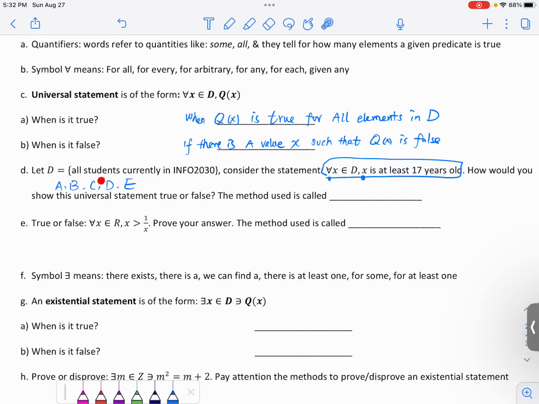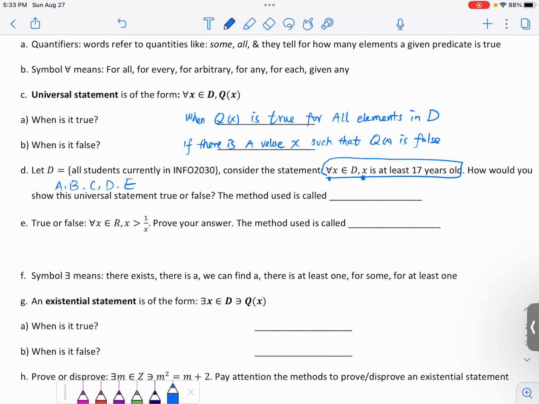Now, if someone happens to be less than 17 years old, then we are going to say this statement is false. So this method involves checking every element in this set D, whether the elements make the predicate true or false. So we have to check every element.